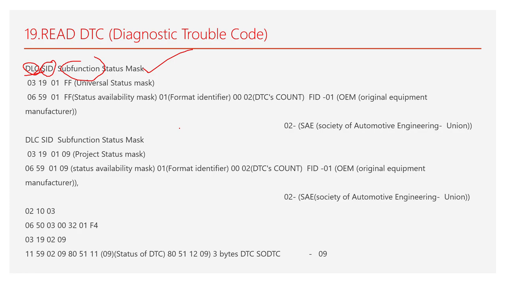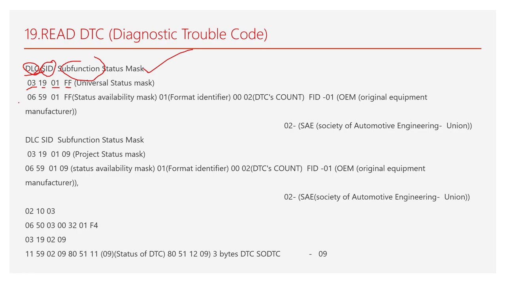In the same way here, for the status, if it passes, or if it fails, whether the test case is passed or failed, that makes the status of this mask. So I'm giving the DLC here, the service ID, the subfunction, and the status. The universal status I'm taking here is nothing but FF. So this is the format.